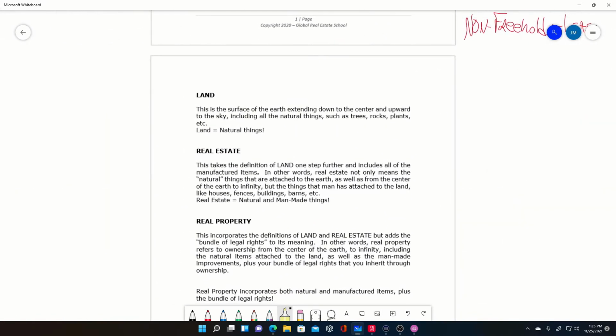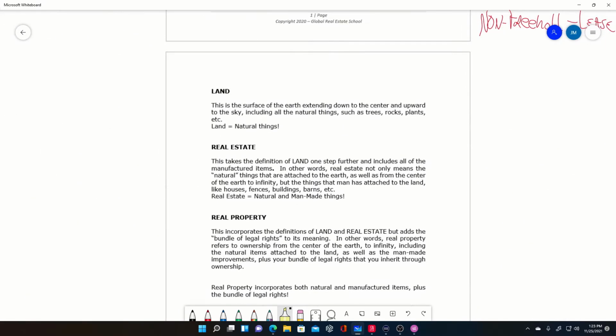So let's go down and take a look at the definitions once again that we covered in the course. We want to understand land, and the key point for land is the natural things. Natural items, those could be trees, they could be rocks, anything that's natural falls under the definition of land.